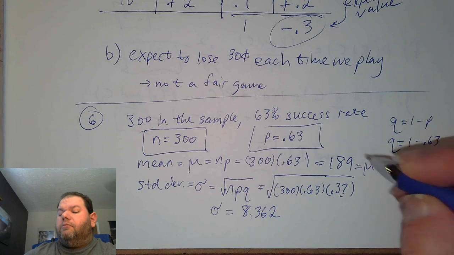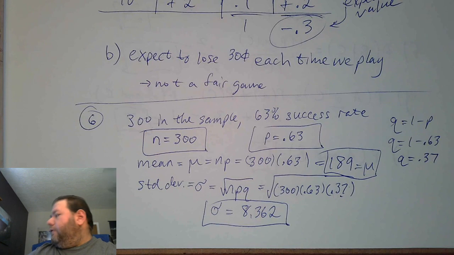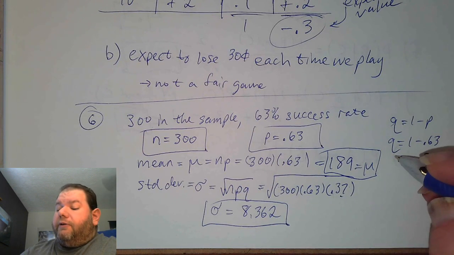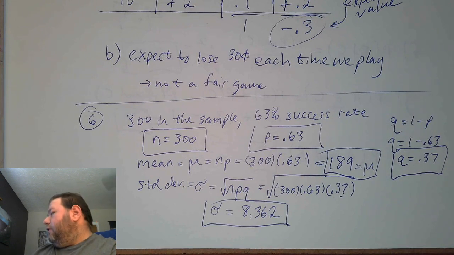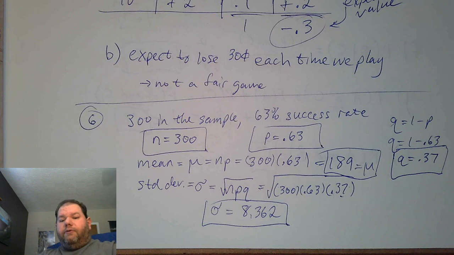And so that's the things that we're looking for here. I don't remember if I asked you for q specifically. Yes, I did ask for q specifically, so that is one of the answers that we had to find also. So this problem has 5 answers, but the hope is that it's really easy. For N and P, we just have to identify what those are from the scenario presented.